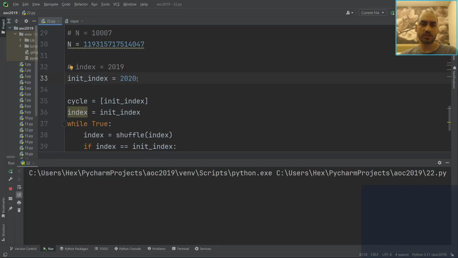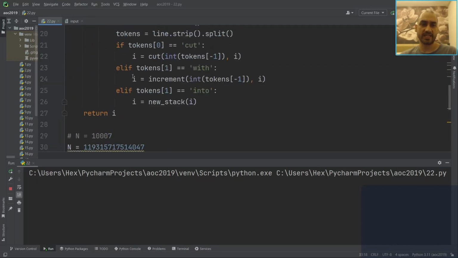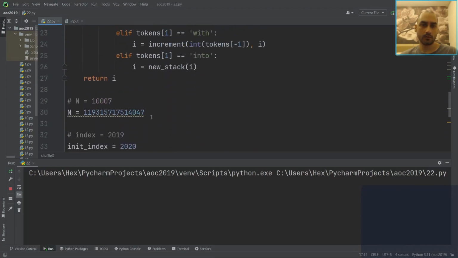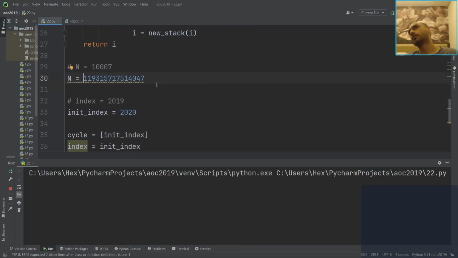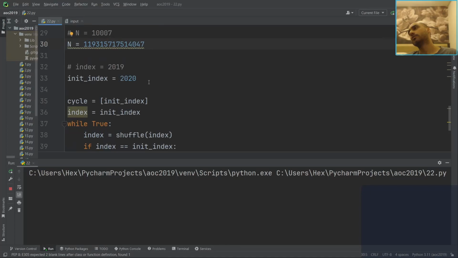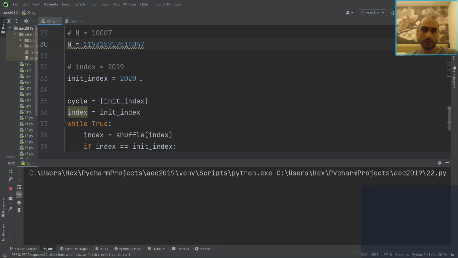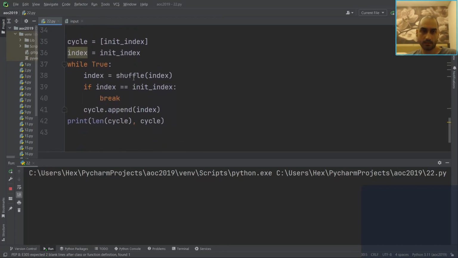Wait, does that mean we just do a reverse shuffle? So we need to find the inverse of this entire shuffle, and just apply that? Wait, no. What am I trying to do? Yes. Isn't that it?